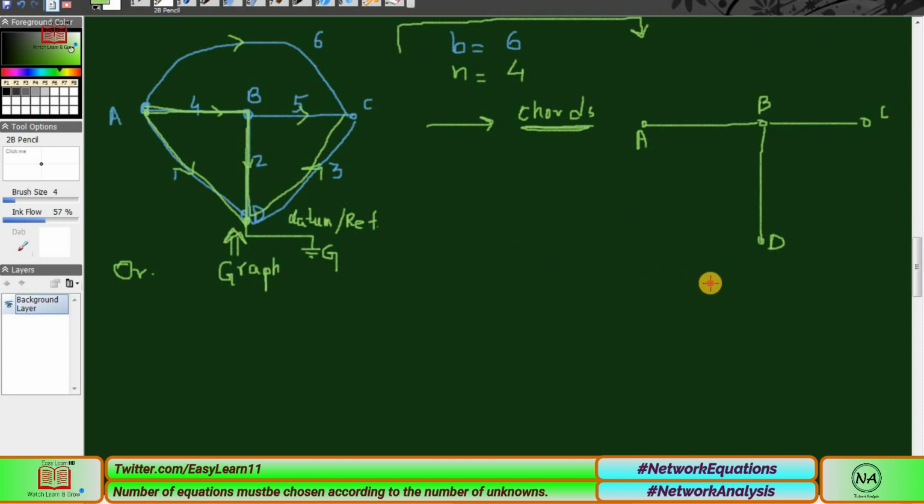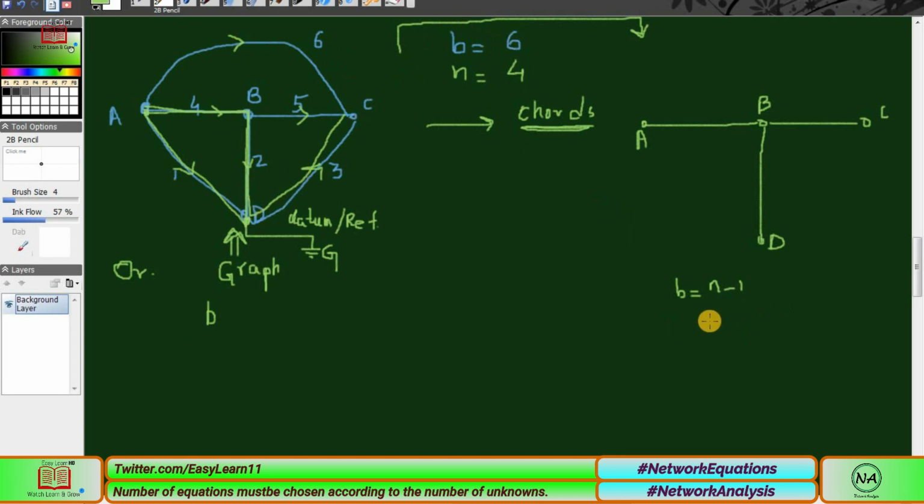The formula that needs to be satisfied here is n minus 1, meaning the number of branches equals n minus 1. Here the branches are called B, but there is no rule for the graph: there are as many branches as there are. For example, here we counted 6 branches.